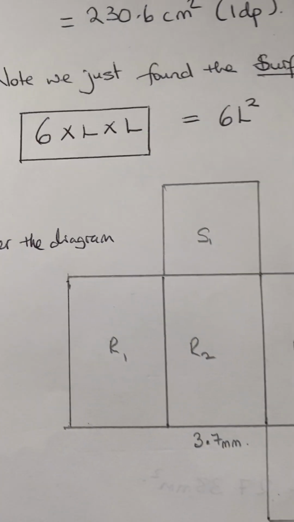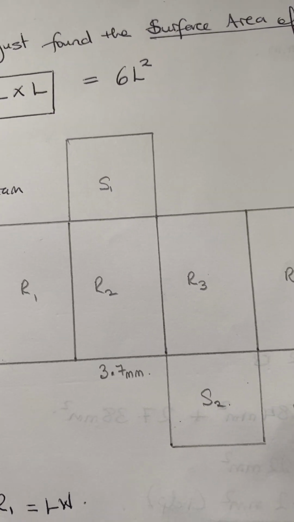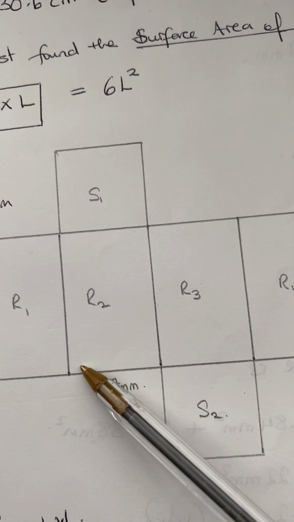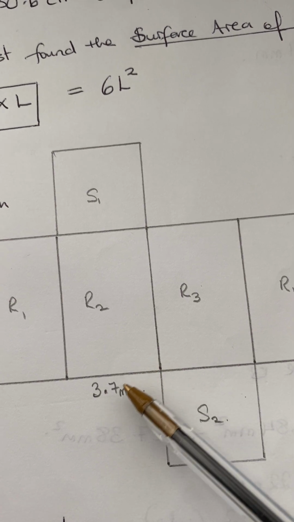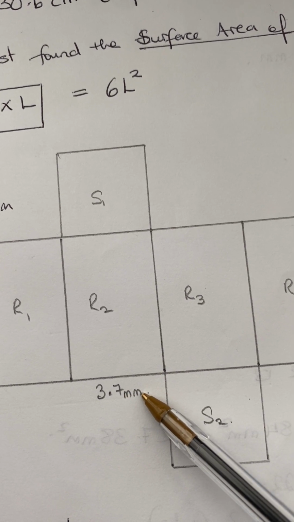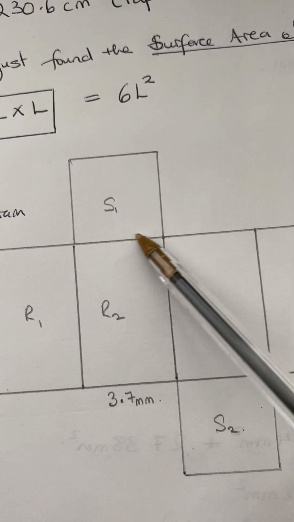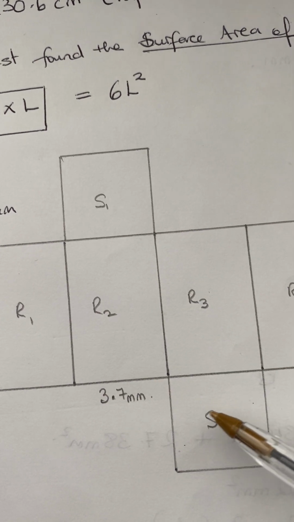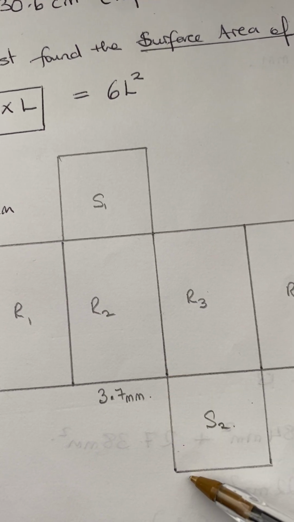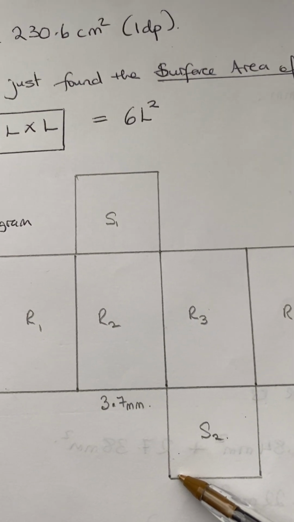Now we have 2 squares on the side, so square 1, square 2. From here to here is 3.7 millimeters, and from here to here is also 3.7 millimeters.